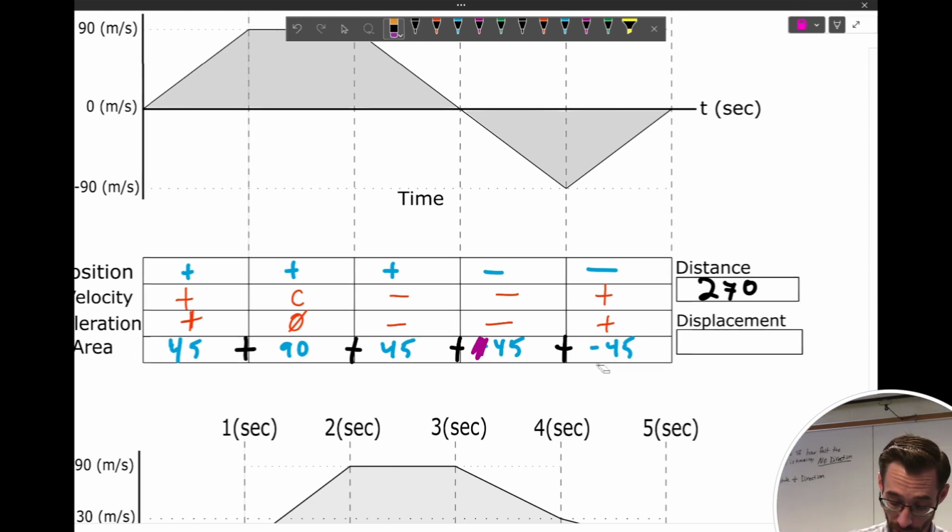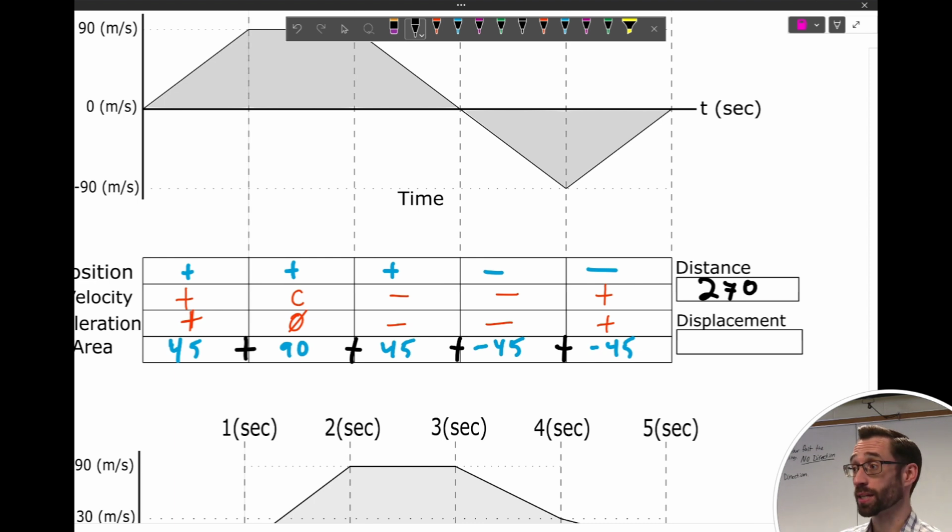The displacement, on the other hand, does care about the direction. Okay? So what this displacement is going to tell us is how far I am from my initial starting place, and am I positive away or am I negatively away? Make sense? How far am I away from my initial location?